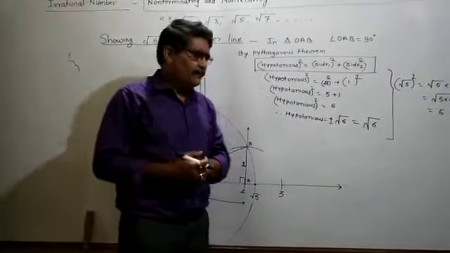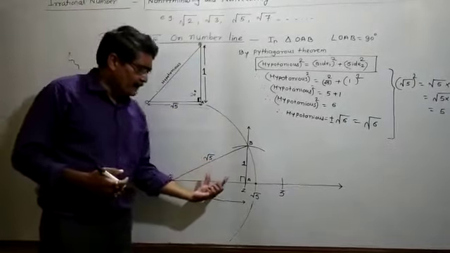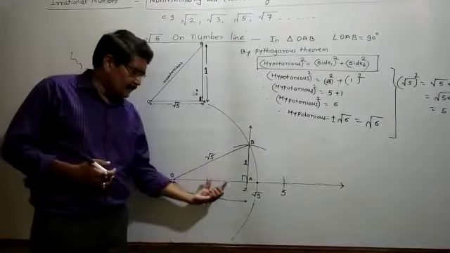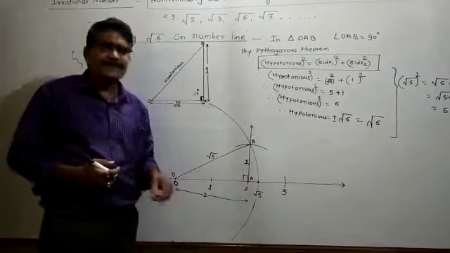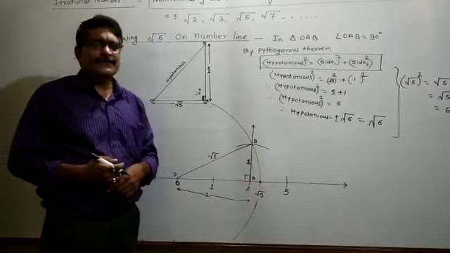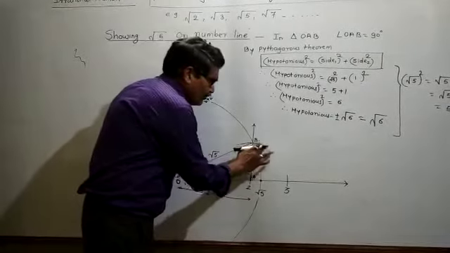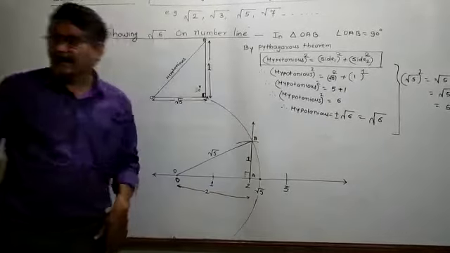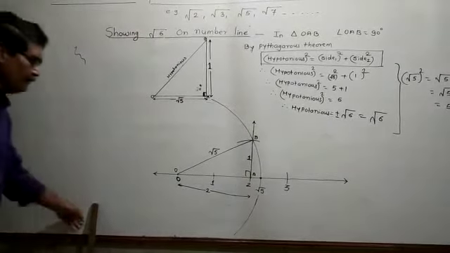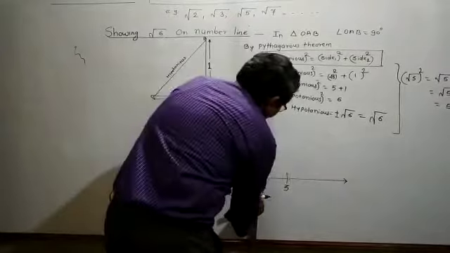For that, first of all, whatever you did in the previous diagram, up to the square root of 5, you have to draw the same diagram. For the square root of 6, from the square root of 5 you have to draw the vertical line. I will draw the vertical line like this.